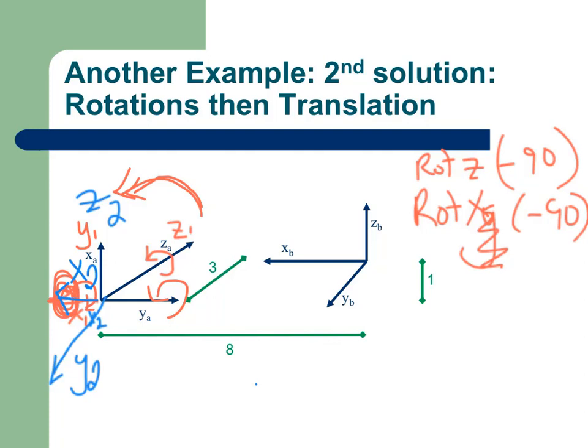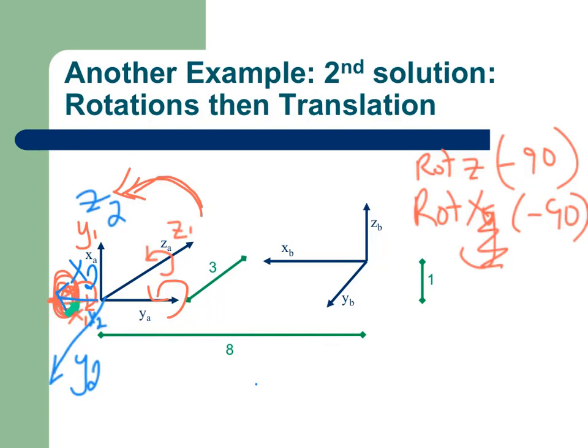So all of the axes of the two are parallel to their corresponding axes in B, and now we just need to do that movement.